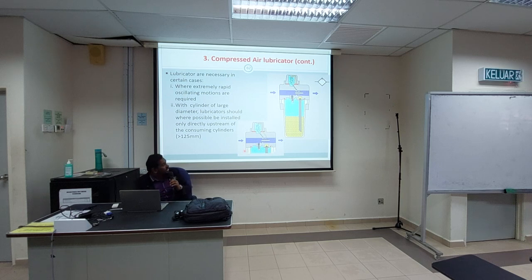Okay, so boleh tengok dekat sini. So you have oil. So udara yang dimasuk ni boleh tengok ada water, ada oil yang dimasuk dekat sini. Okay, so oil ni akan bantu sistem you lah. It's not too much oil, but just a little oil.